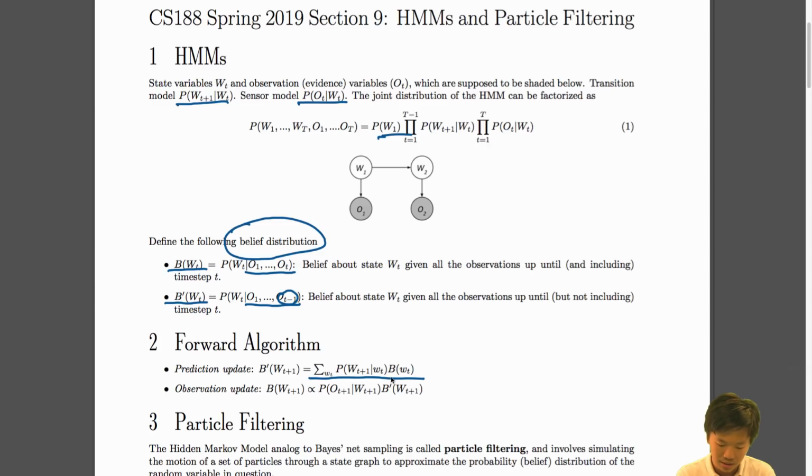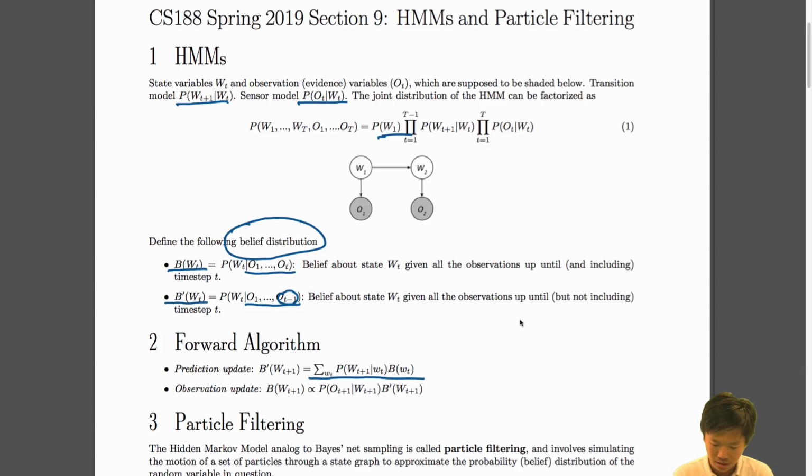We will have the belief distribution of the current hidden state, W_t, and the transition model over here. But now we want to know what will be the guess for the hidden state in the next time step.